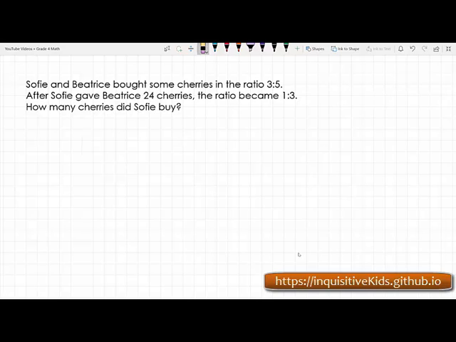And now let's try to figure out this problem by thinking about fractions. We first need to have a before and after fraction. We need to figure out what fraction is 24 cherries.